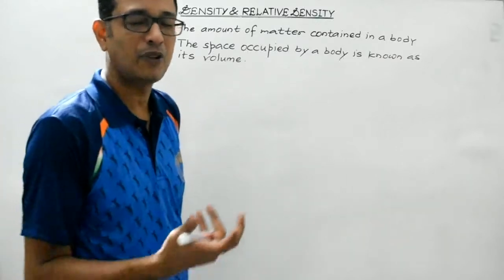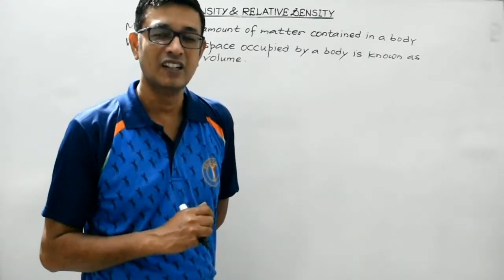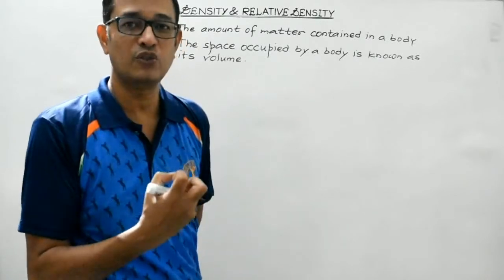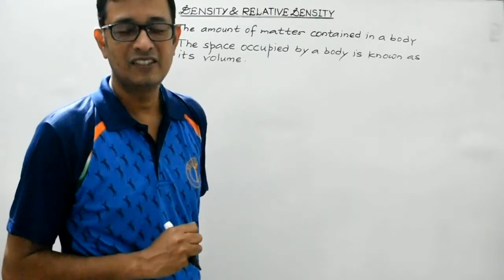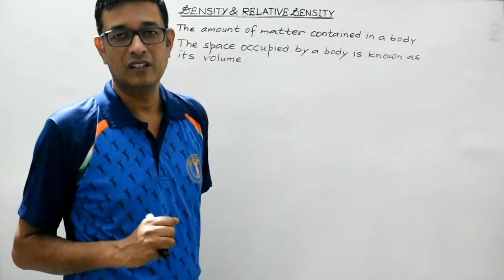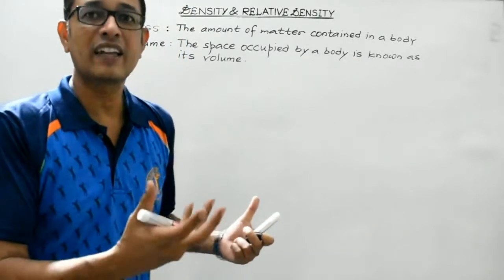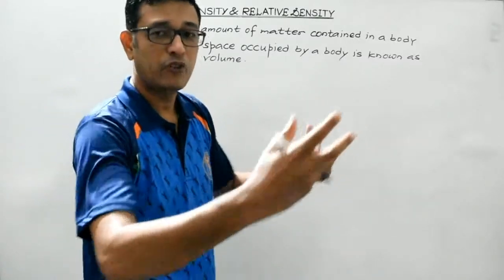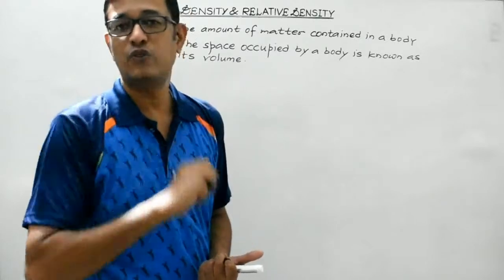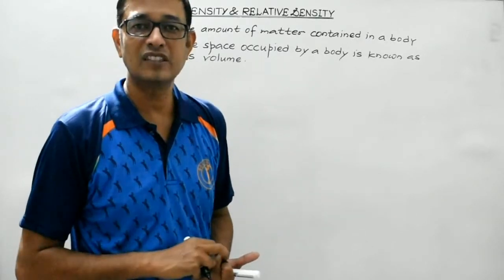Every body is made up of atoms and molecules, isn't it? So total amount of matter which a body constitutes is known as mass. While volume is the space occupied by a body. Like, take the example of a can, take the example of a bucket. It can store a definite quantity of water or quantity of liquid, isn't it?